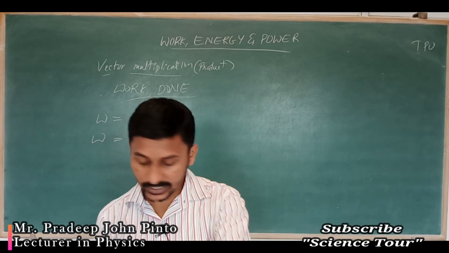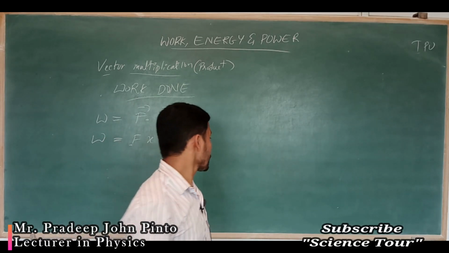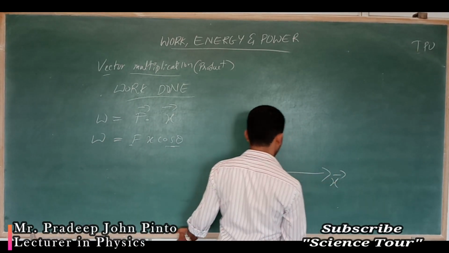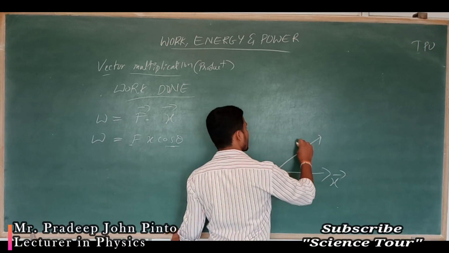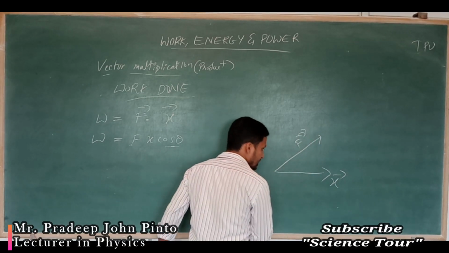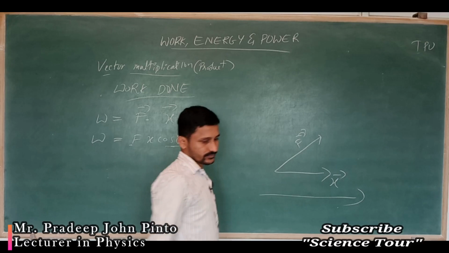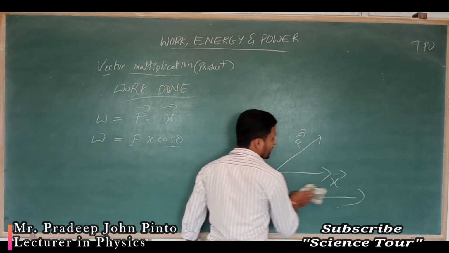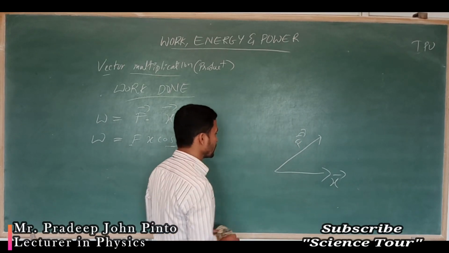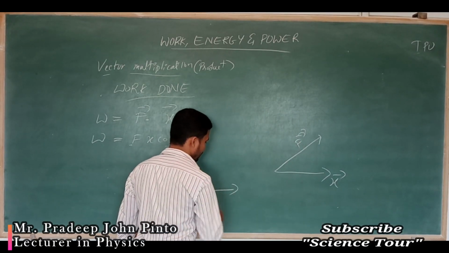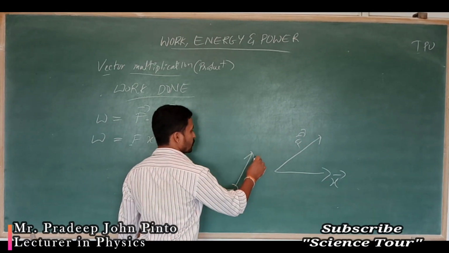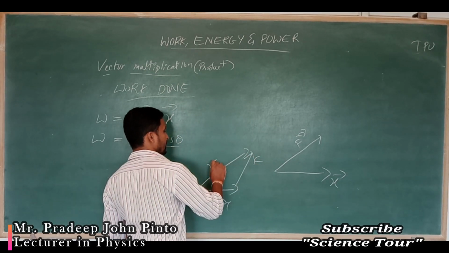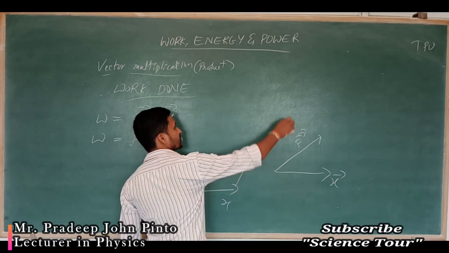I will give you an example. See, the kid is going to apply force in this way, that is the displacement vector. Force is applied, this is F in this vector. But work is done in this direction, no? According to the triangle of vector addition, the displacement and force would have to combine in one way, no?